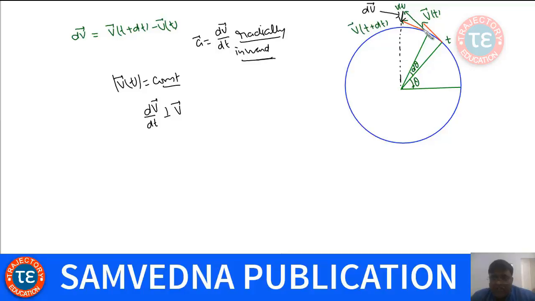And we can find the magnitude of dV also. See, if this is d theta, this would also be d theta. I can get the magnitude of dV. This is Vt plus dt, this is Vt, and this is your dV.